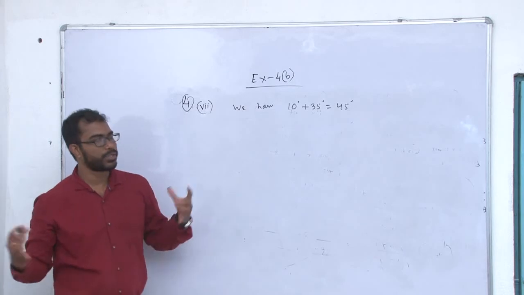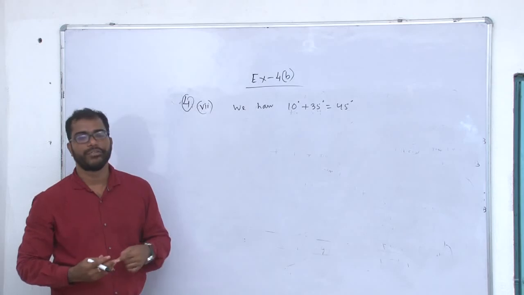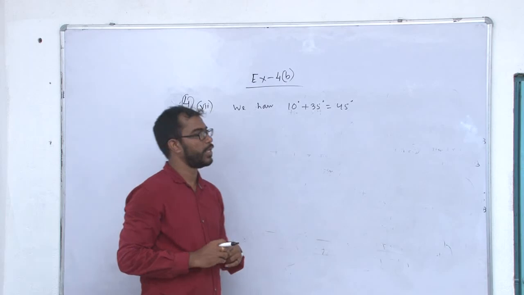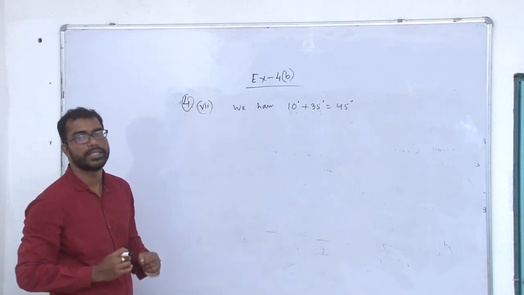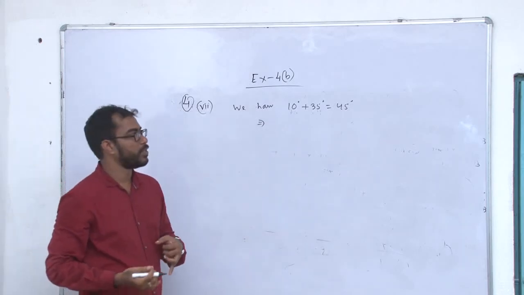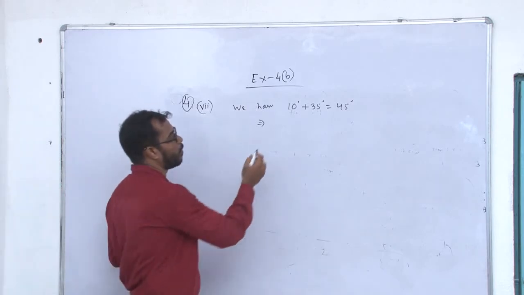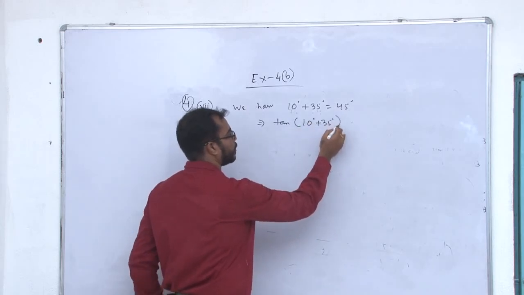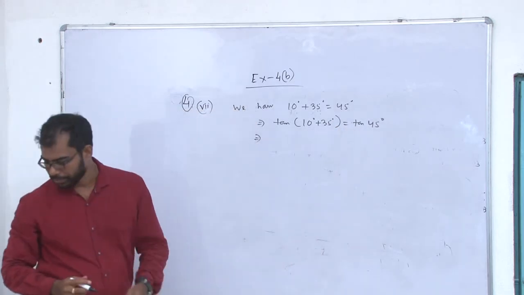If we add 10 and 35, we get 45, and the value of 45 degrees is in our standard angle tables. So 10 degrees plus 35 degrees is equal to 45 degrees. Taking tan on both sides, tan of (10 degrees plus 35 degrees) is equal to tan of 45 degrees.